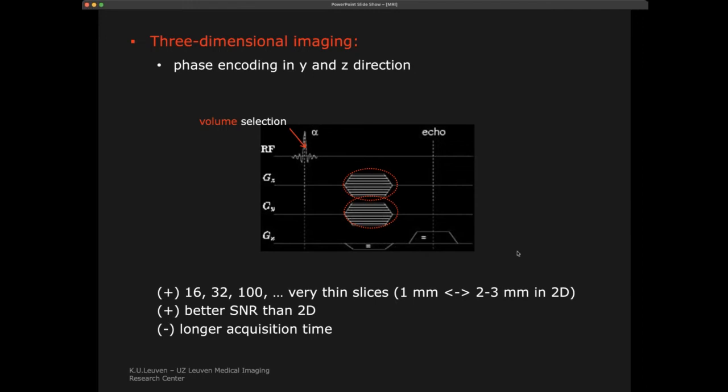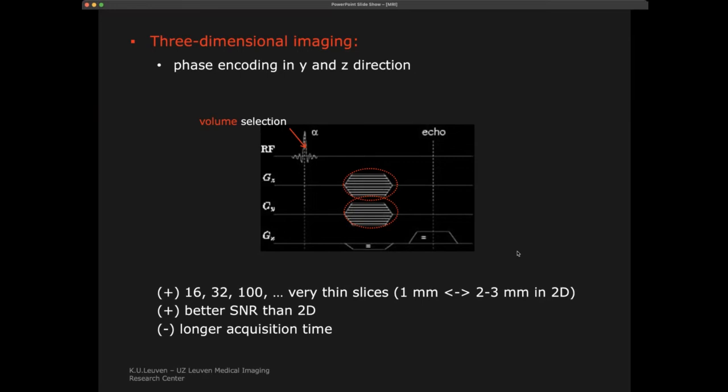And you can change these, so you can intermittently change which is the phase encoding, which is the frequency encoding, which is the slice selection. You can do this in all directions. So that means that you can use oblique planes, and you can do the most efficient way that you want to do certain sequences, depending sometimes on the resolution that you want in different directions.